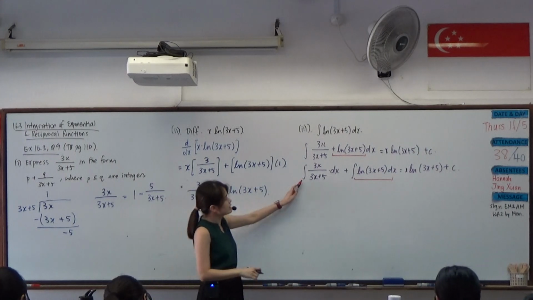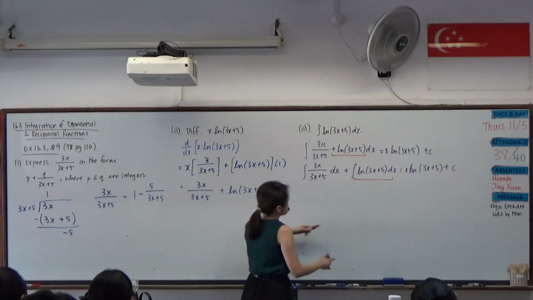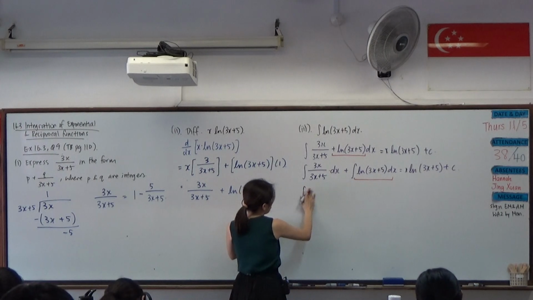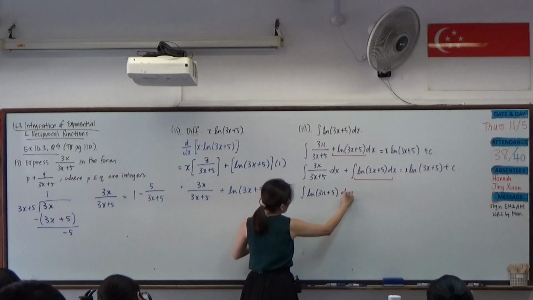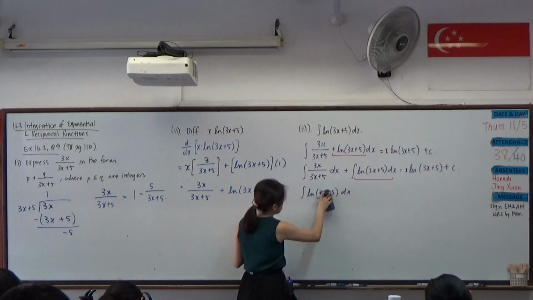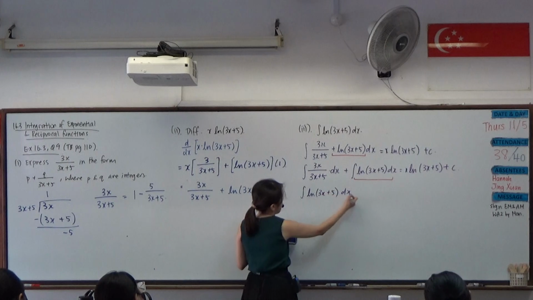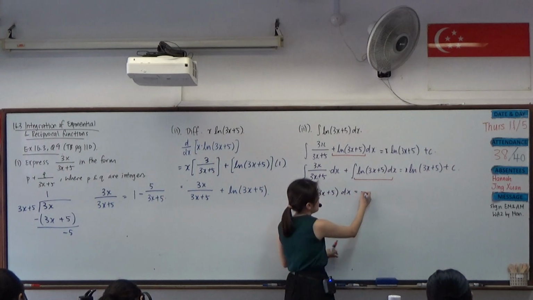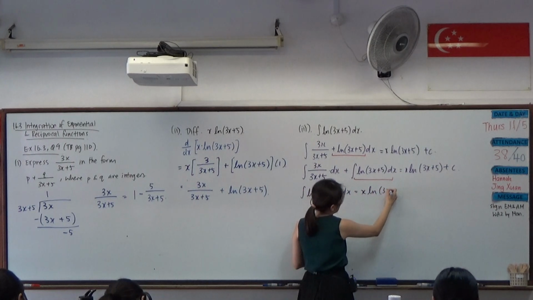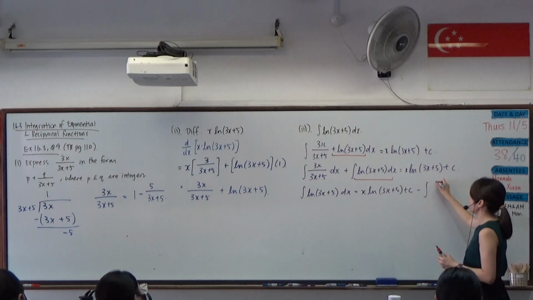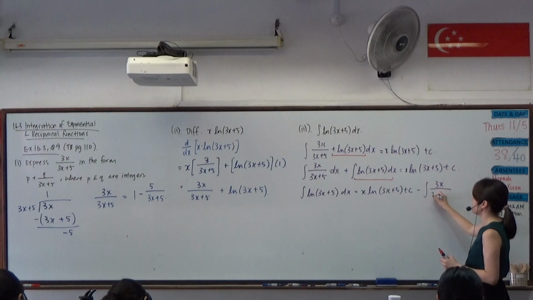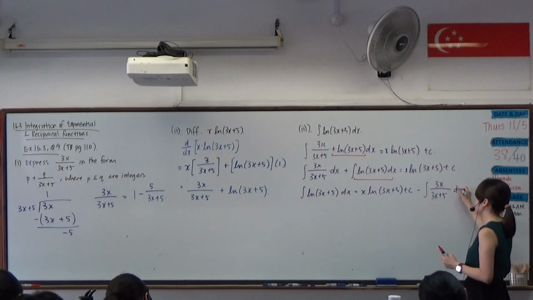This part here, we move it over to the right side. So now our ln(3x plus 5) is the subject. That will be equals to x ln(3x plus 5) plus c minus the integral of 3x over 3x plus 5 dx.